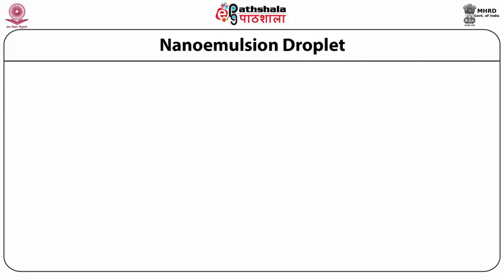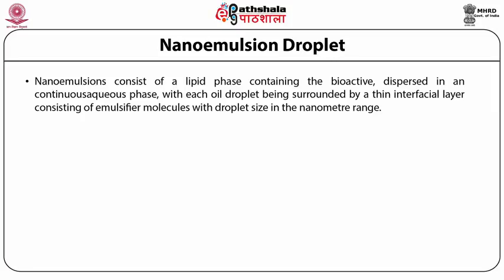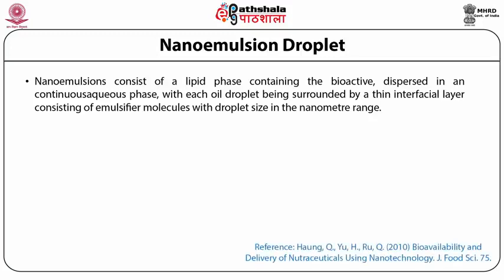Looking closely at how a nanoemulsion droplet looks, it consists of a lipid phase containing the bioactive, dispersed in a continuous aqueous phase, with each oil droplet surrounded by a thin interfacial layer consisting of an emulsifier molecule, with droplet size in the nanometer range. The figure depicts the central core, which is hydrophobic, and the outer polar head and the non-polar tail of the surfactant, all of this dispersed in an aqueous phase.